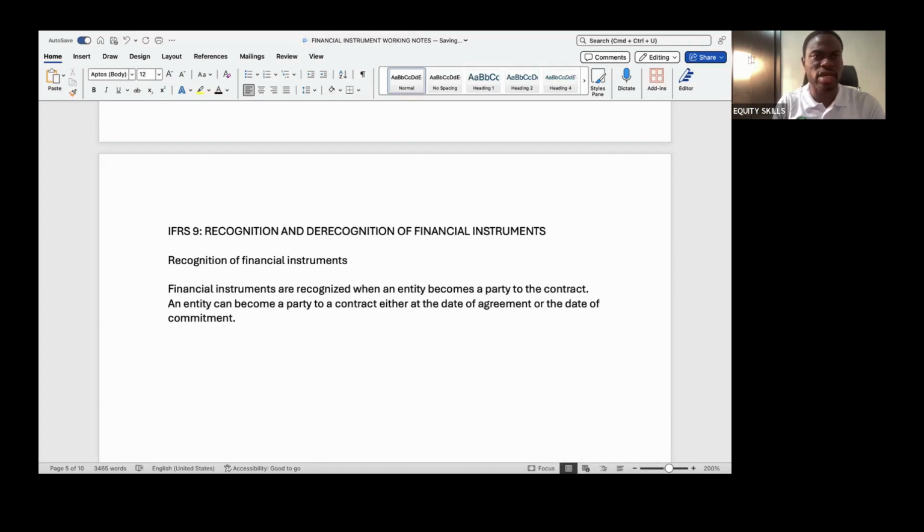So the date of agreement is the date they signed the contract. The date of commitment is the date probably when you invested or when you collected money. So whichever one is coming earlier is the date you become a party.